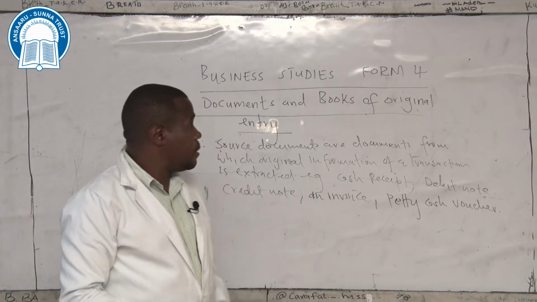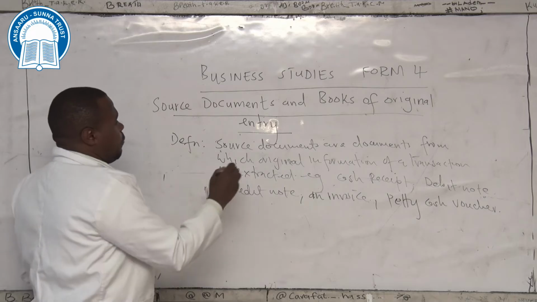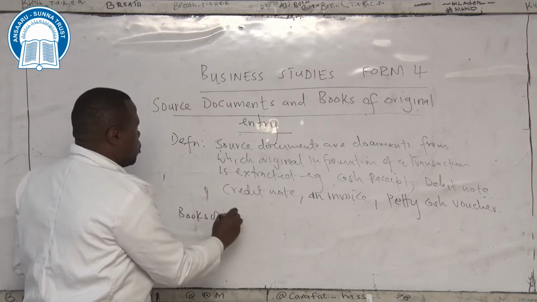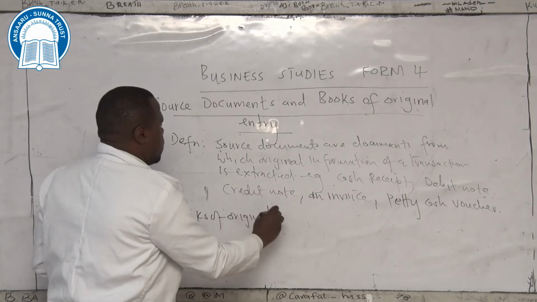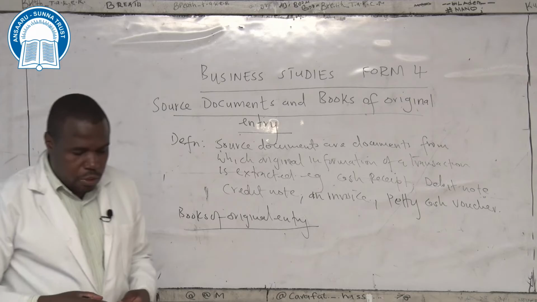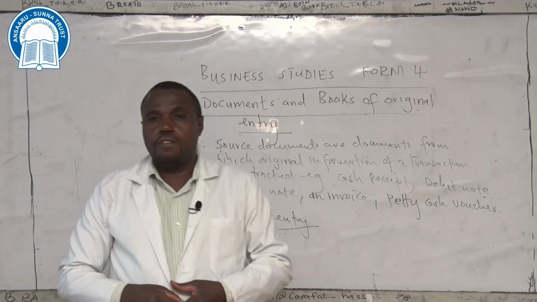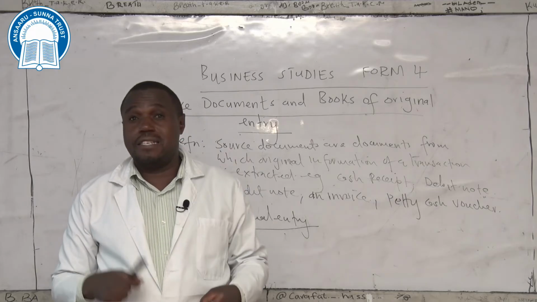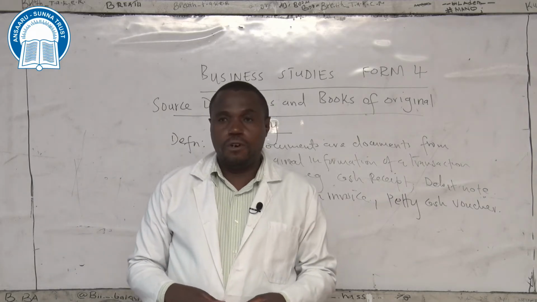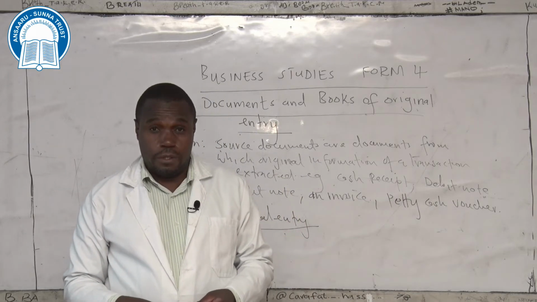Now on the other hand, books of original entry. So by definition, books of original entry can be defined as the books on which the information from the source document is first recorded temporarily before the information is transferred to the books of accounts.